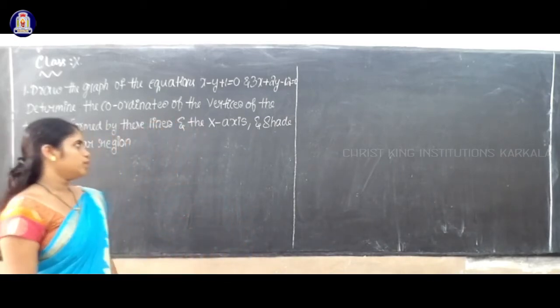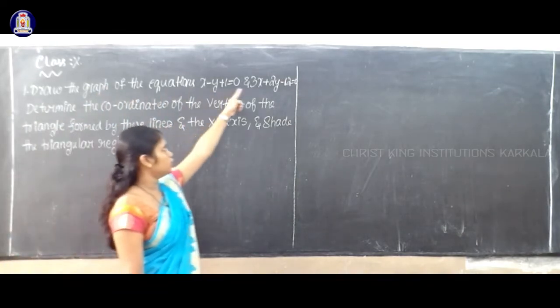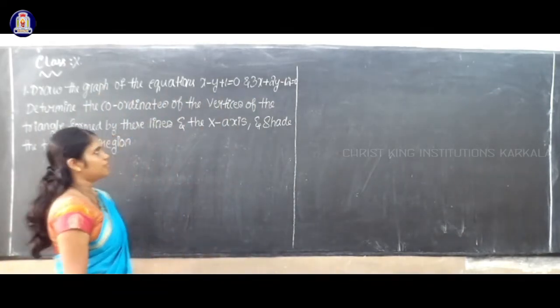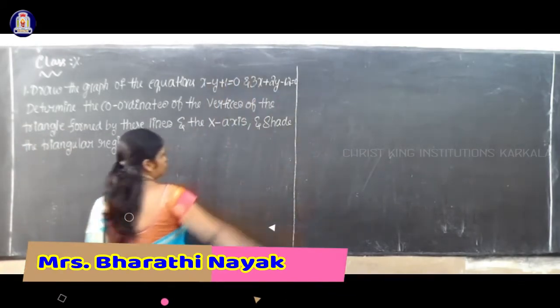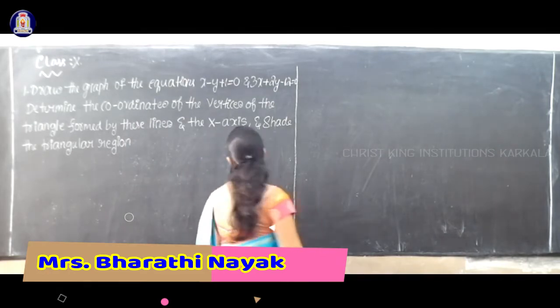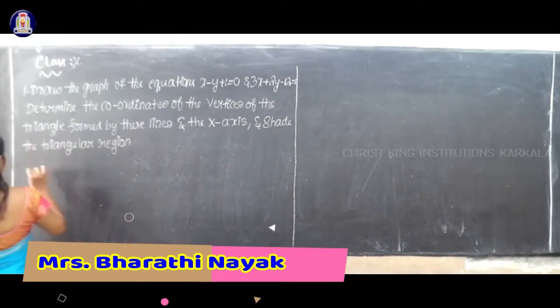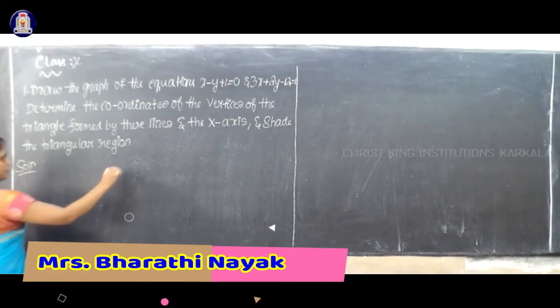So what to do? First of all, you have to draw the graph of the two equations given. So I draw the graph of these two equations. Solution. I will make three columns.